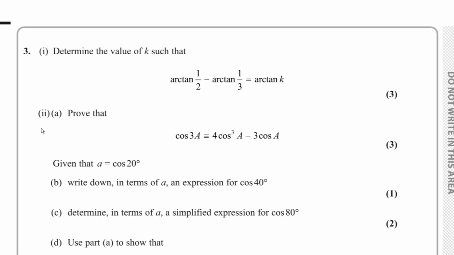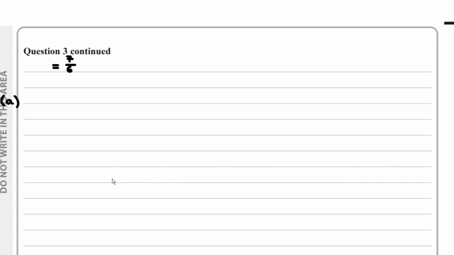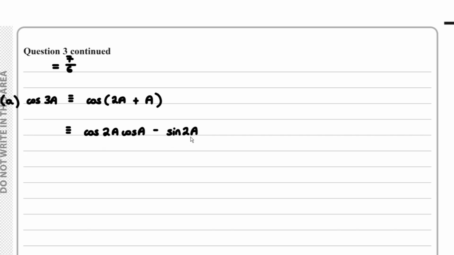For part A of the second part of the question, we have to prove that cos of 3a is equivalent to 4 cos a cubed subtract 3 cos a. The cos of 3a we can rewrite as cos of 2a plus a, and using the identity for cos of x plus y, we can rewrite this as cos of 2a multiplied by cos a subtract sine of 2a multiplied by sine a.